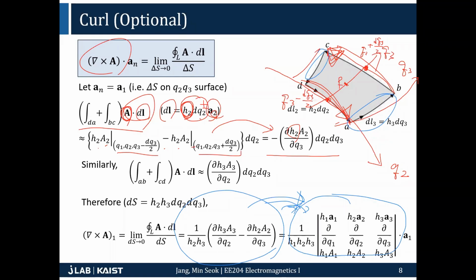How many of you understand this derivation? Please raise your hand if you understand. Okay, half of you understood, and probably the other half couldn't. So please ask questions if you don't understand.